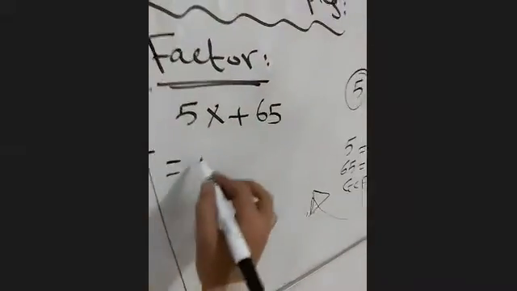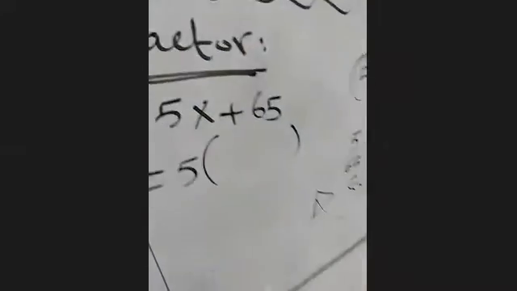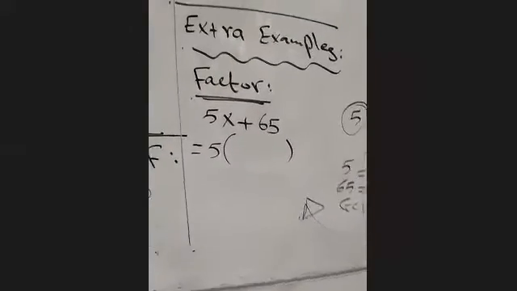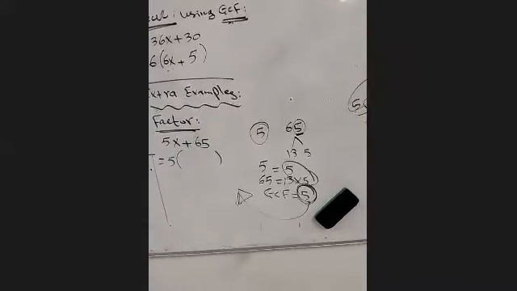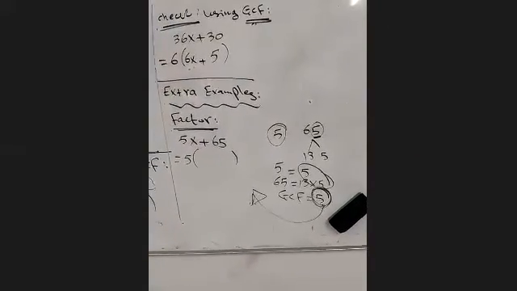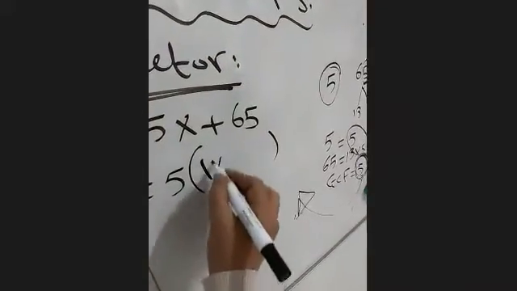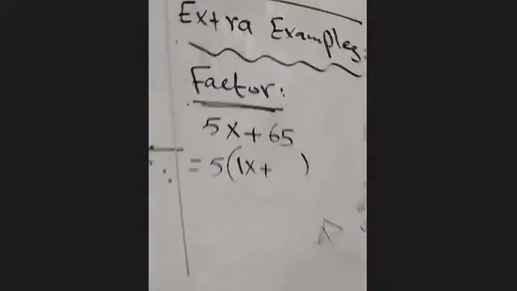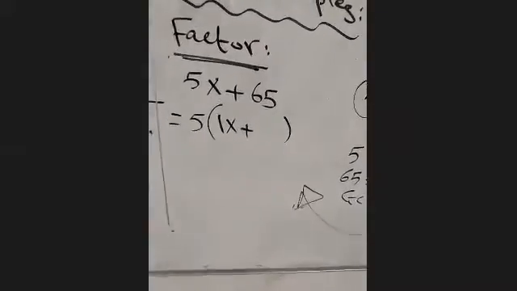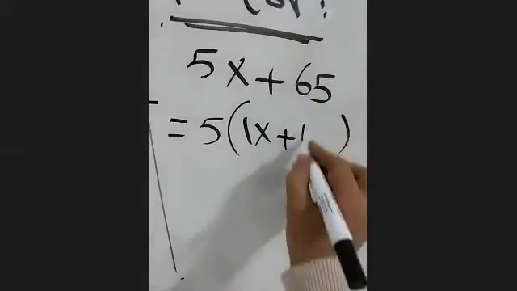I'll go to my example here. Now I'll put 5, which is the greatest common factor. Then I will divide. 5x divided by 5 is 1x. Plus 65 divided by 5 is 13.